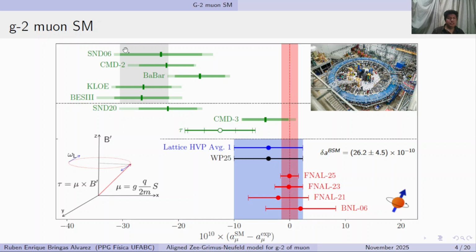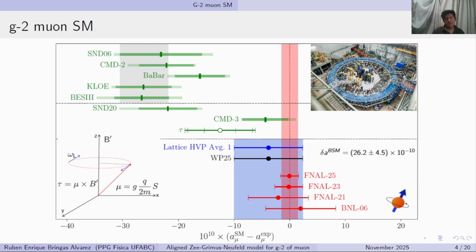We have a white paper published in 2020, and this gray band is the value of the white paper that calculates the g-2, and this red band is the experimental value. As you can see, we have a discrepancy of about 5 sigma, more or less.